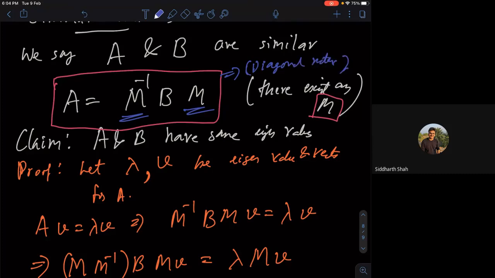If I get a diagonal matrix, what will happen?